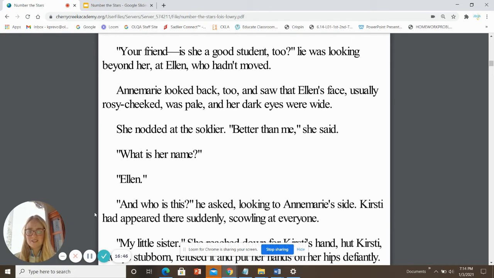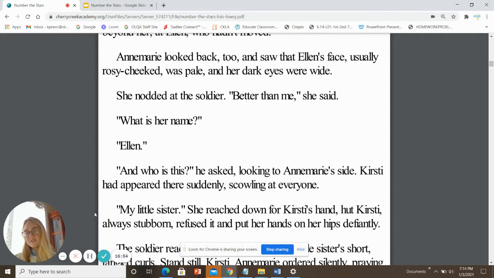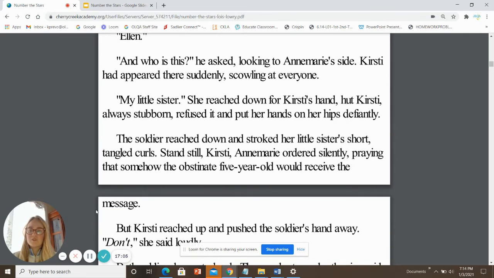And who is this? He asked, looking to Anne-Marie's side. Kirsty had appeared there suddenly, scowling at everyone. My little sister. She reached down for Kirsty's hand, but Kirsty, always stubborn, refused it and put her hands on her hips defiantly. The soldier reached down and stroked her little sister's short, tangled curls.